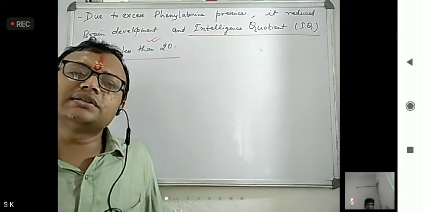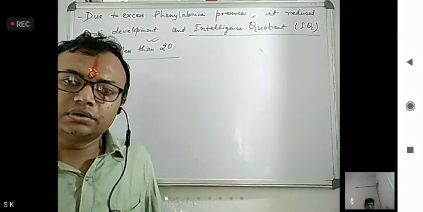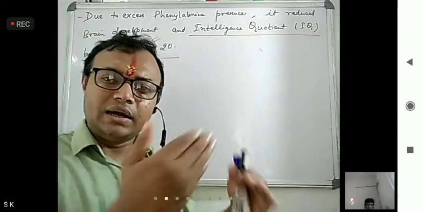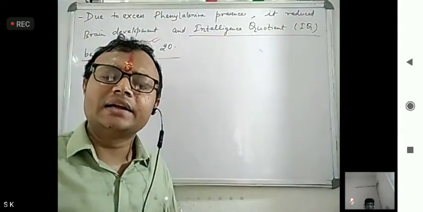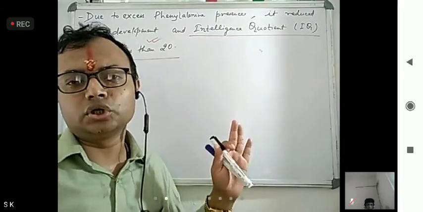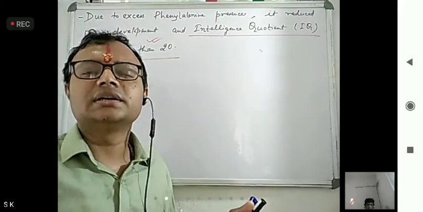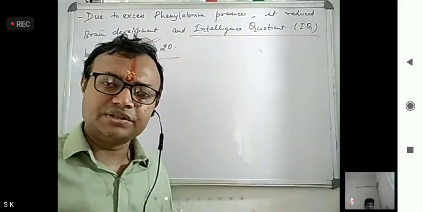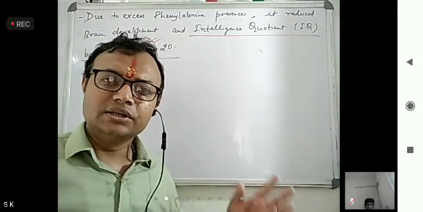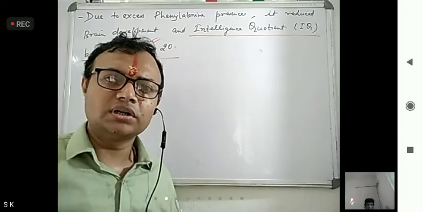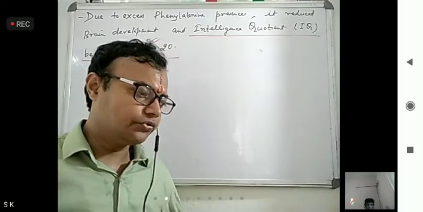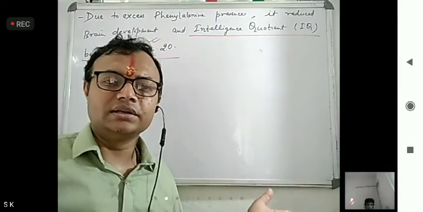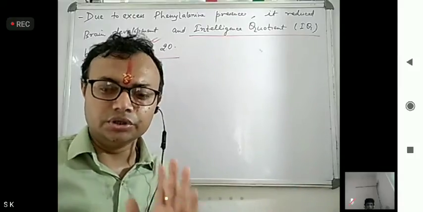Since excess phenylalanine is there, and it comes directly into urine, that's why it is known as phenylketonuria. When the patient urinates, it forms ketone when coming outside, and it is known as phenylketonuria.